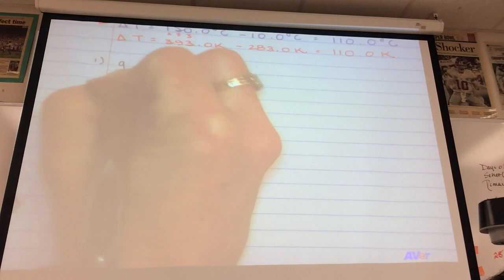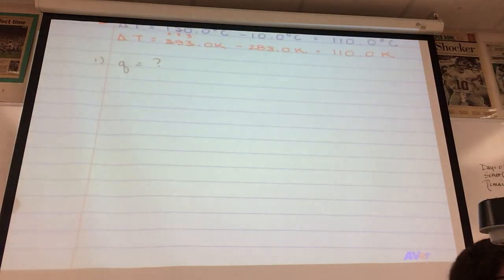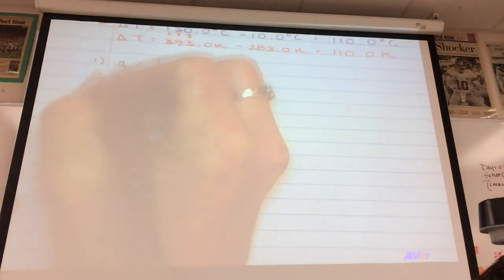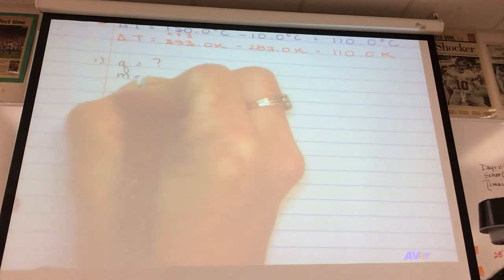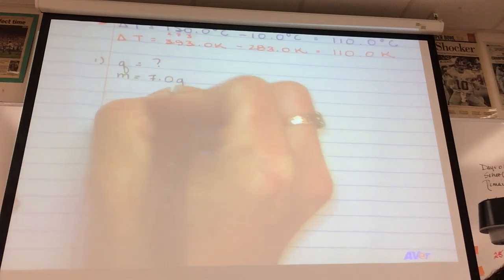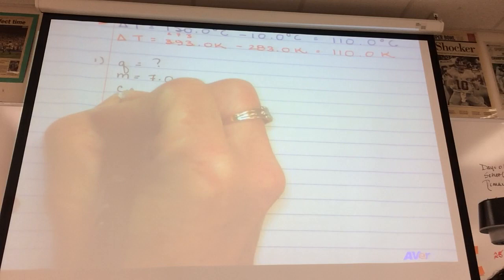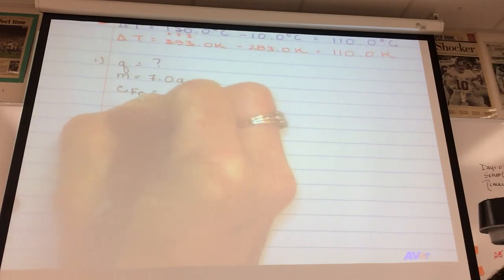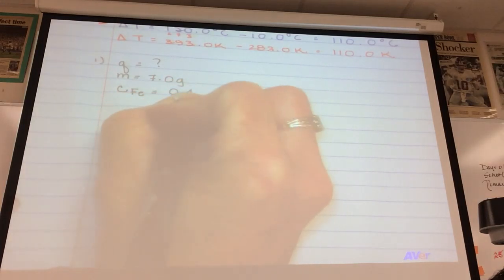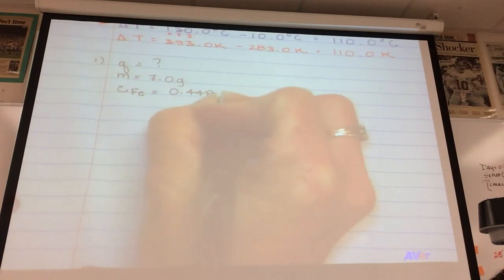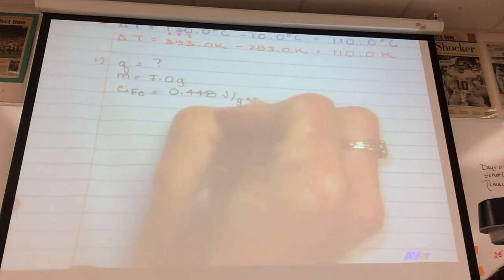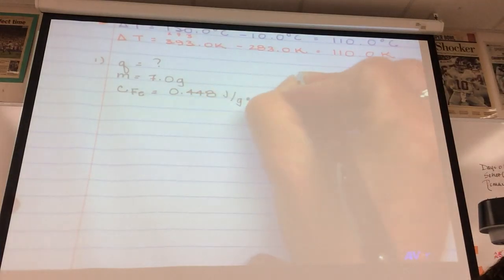We're looking for Q. The mass is 7 grams. The specific heat for iron is 0.448 joules per gram degrees Celsius off table 3.